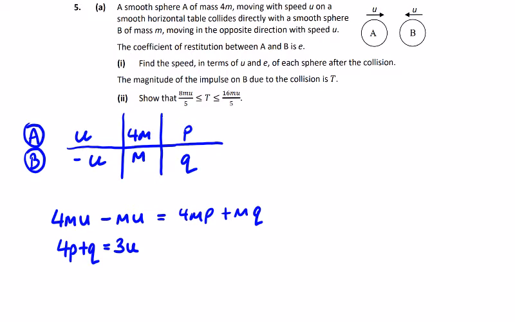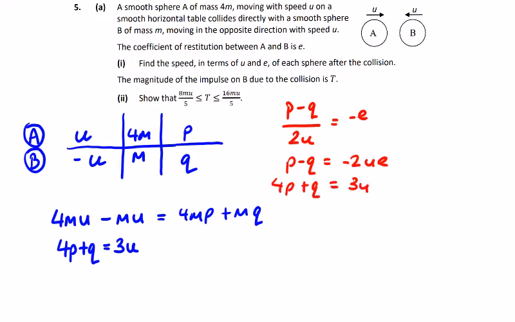Newton's law of restitution: P minus Q over u minus minus u, or 2u, equals minus e. So P minus Q is equal to minus 2ue, or minus eu, whichever way you choose to write it. We can bring the 4P plus Q up. 4P plus Q equals 3u.